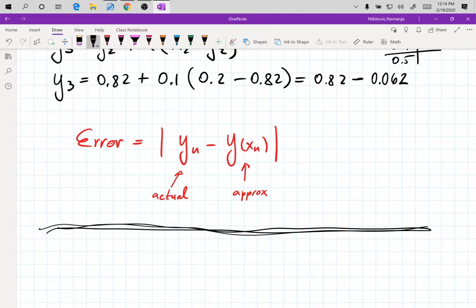So now we are going to take a look at the 2.5 algorithm, 2.5 improved Euler's method.